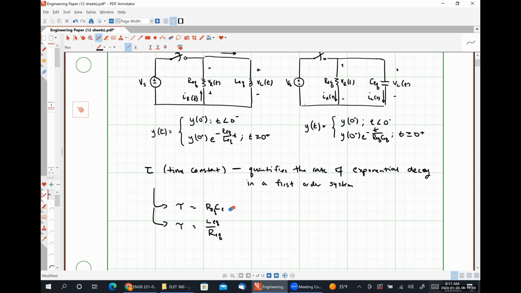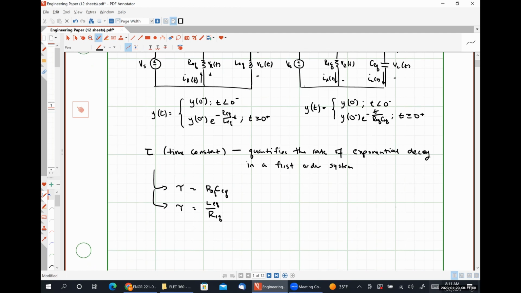And once again, I wrote a G instead of a Q. So let's talk about where these things came from.